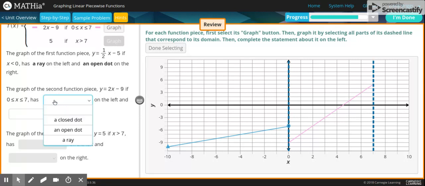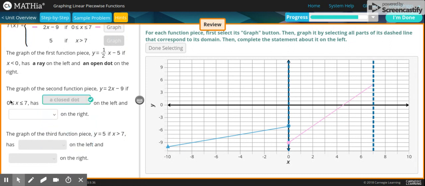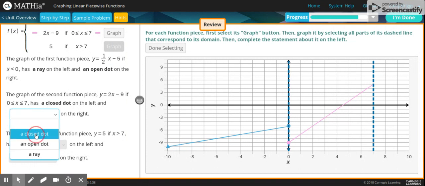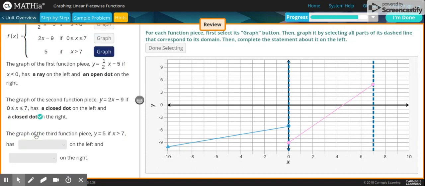Because it has the line underneath, that means it has a closed dot on the left, compared to the other one, which didn't have one over here, so that's why it was an arrow. And then on the right, again, it has a line underneath it, so that means it's a closed dot. And then you're ready to graph your last piece.